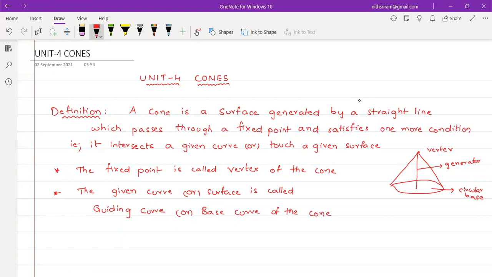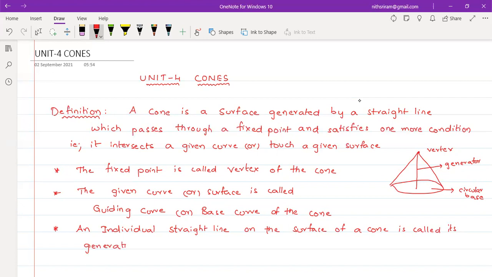And finally, an individual straight line on the surface of a cone is called its generator.